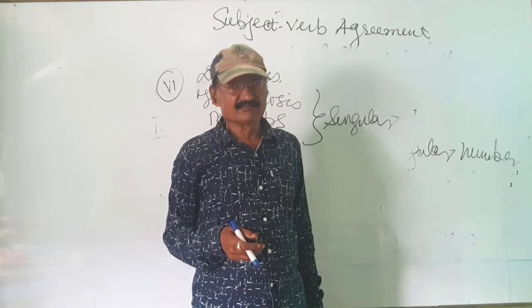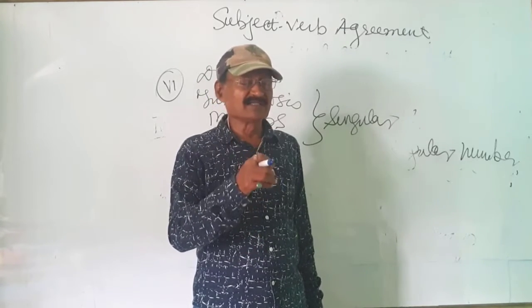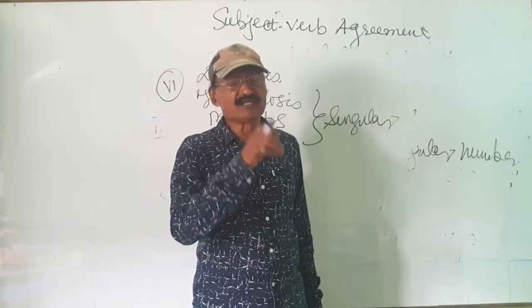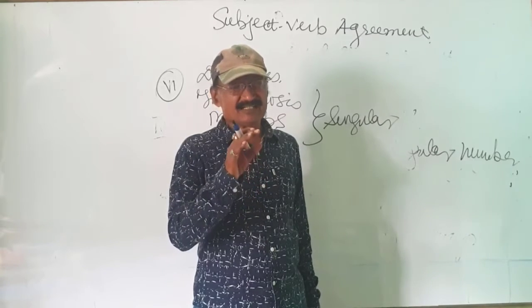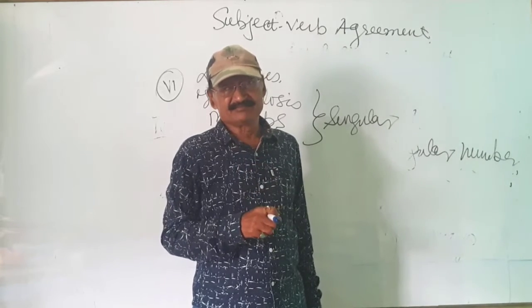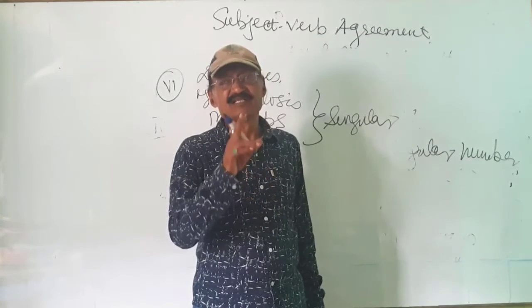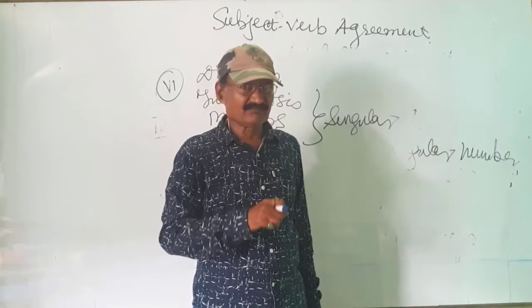So these are the names of diseases. They can always be used in the singular number, although they look like the plural number, because they are the names of diseases.